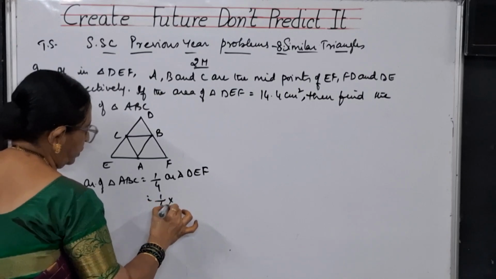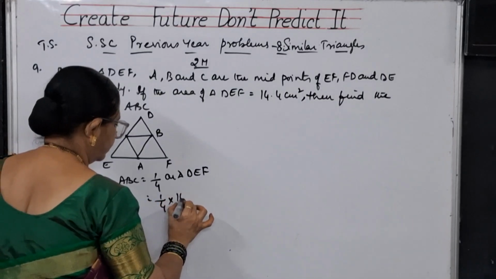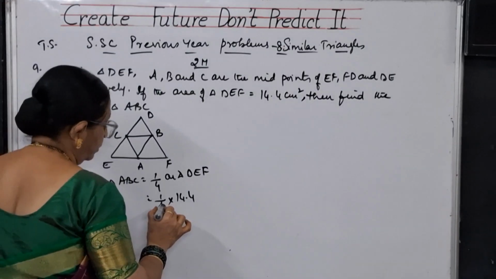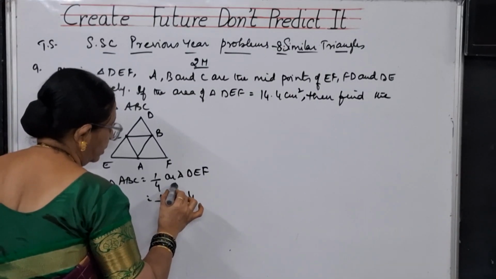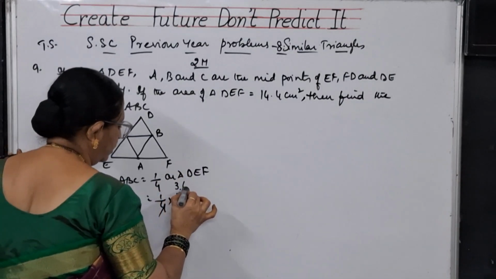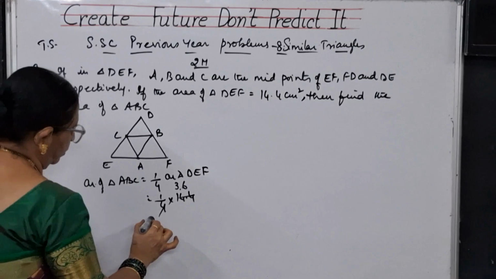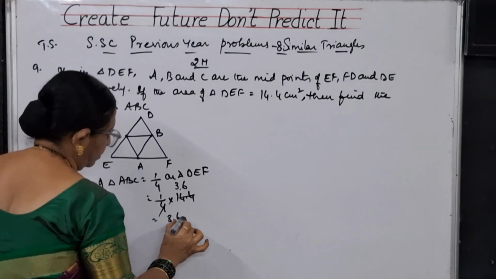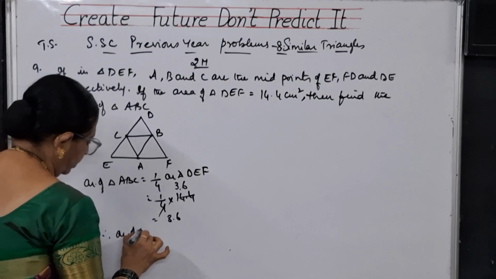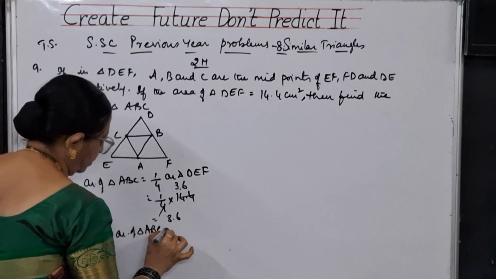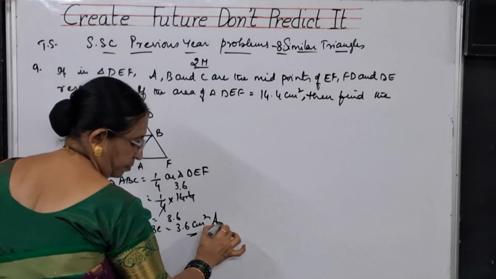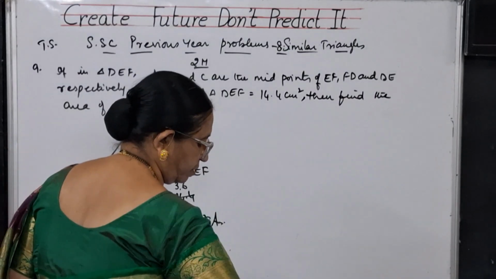That is 1/4 into 14.4. 4 6s are 24. That is 3.6. Therefore, area of triangle ABC is equal to 3.6 centimeter square is the answer.